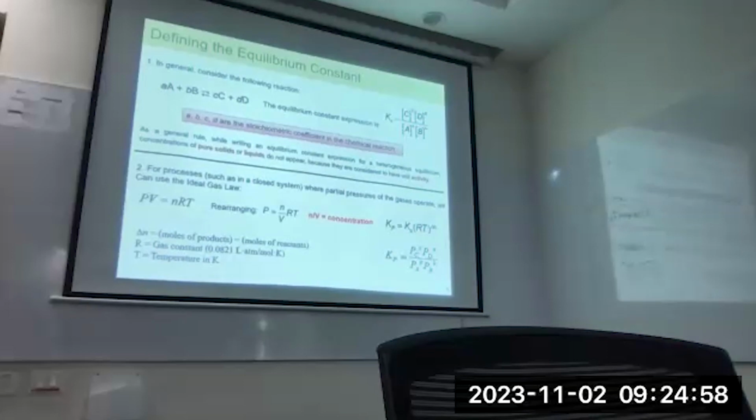If you get a value equal to the equilibrium constant, then you know equilibrium is already there. But if it's less than the value of K, then it's Q. It's not yet approached equilibrium. It's on the way towards establishing equilibrium.